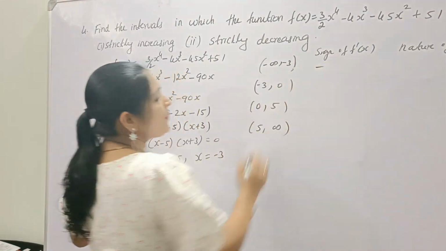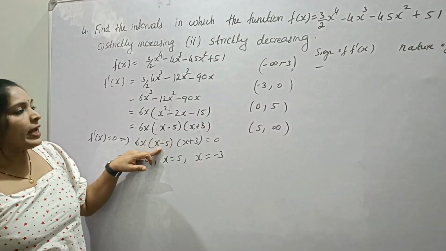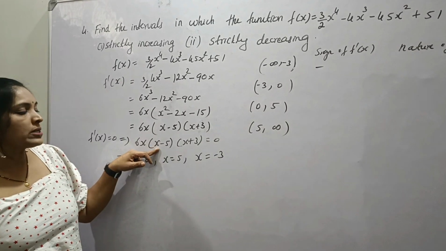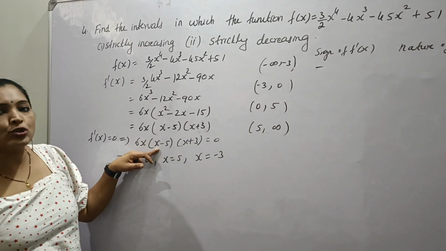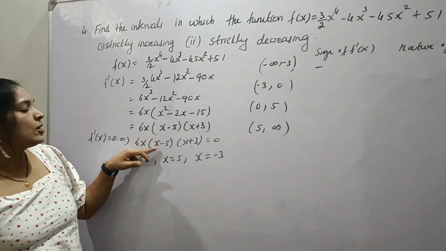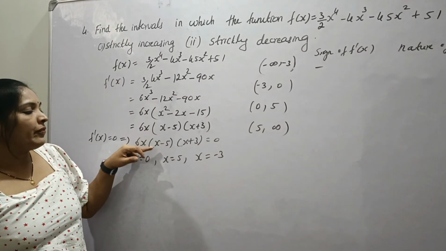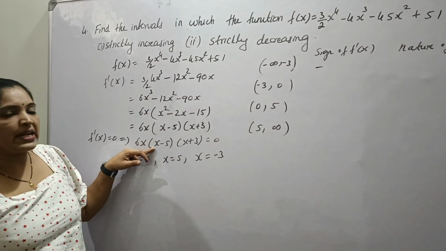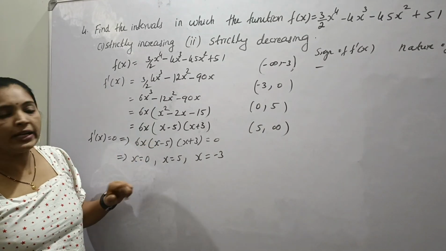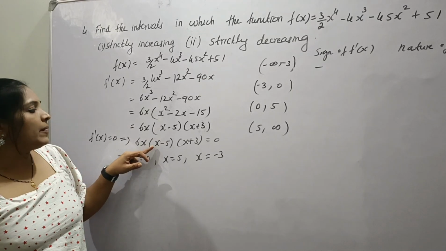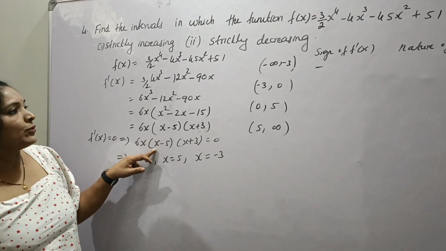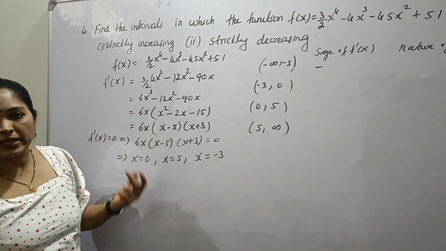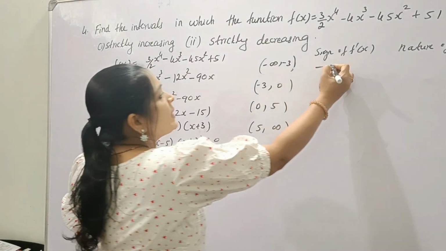Then what about x minus 5? Here also we substitute negative values of x, so we get a negative value. For example, minus 5 minus 5 is minus 10. So it will be minus.